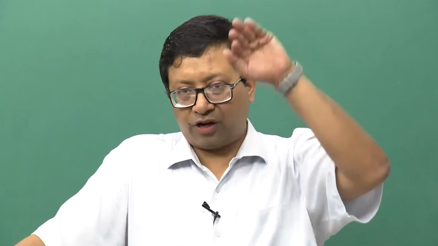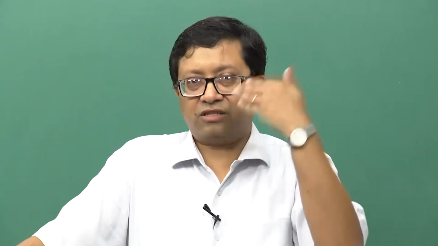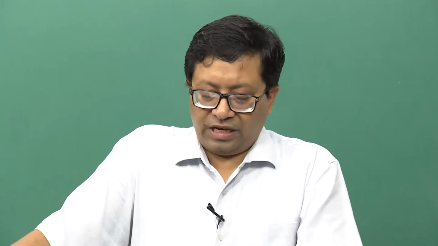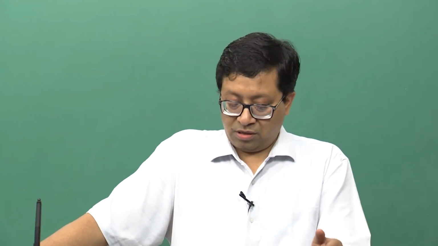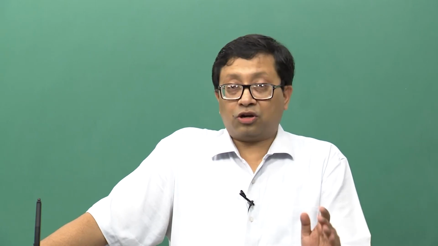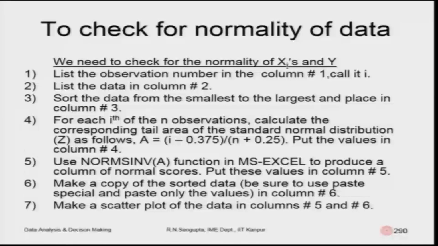As you rank them, you find out the probability, and your main essence is trying to plot it. For each ith of these n observations, calculate the corresponding tail area, which is the overall area of coverage from the probability perspective from minus infinity to that point. You are trying to integrate, but as integration is not possible, you sum them up. I should not use the word discrete points; the number of points is limited, you are forming a sample.